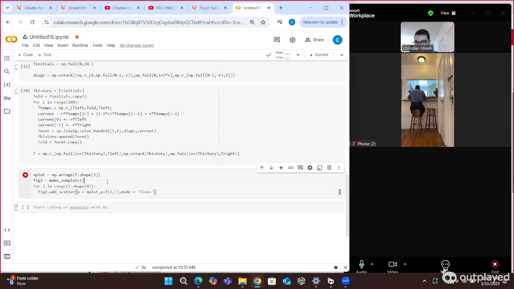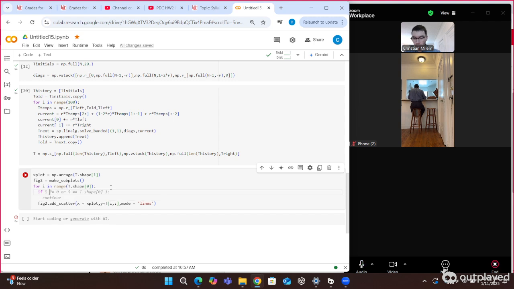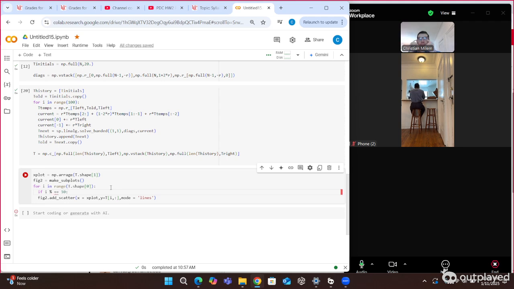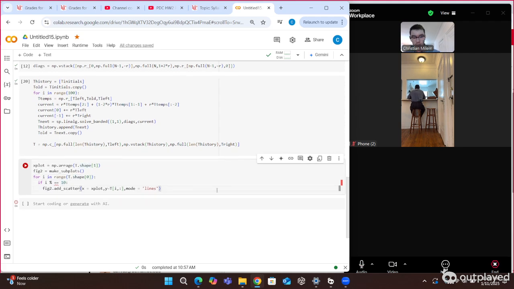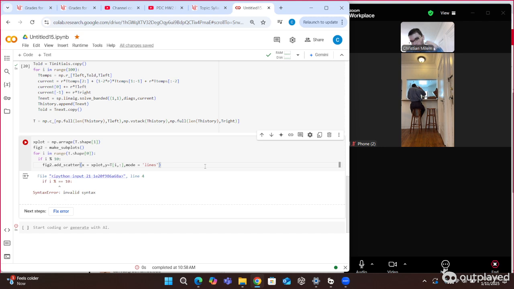So it should be all of these, but if we only want it in discretizations of 10, we don't want to make a bunch of these. Oh, wait. Okay, the operator is %10. So if the remainder divided by 10 equals 0, there we go.